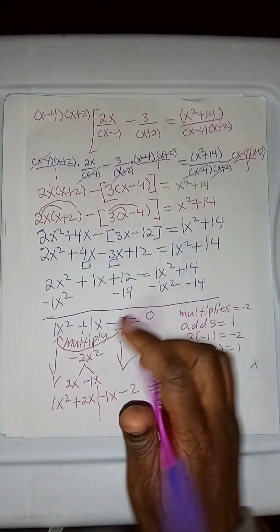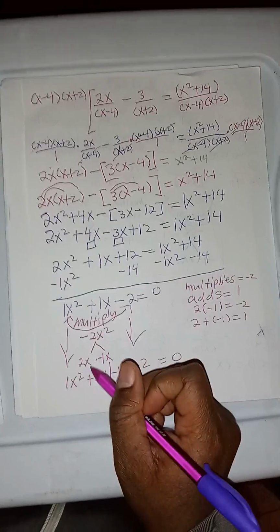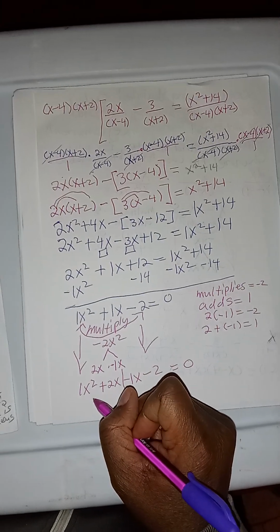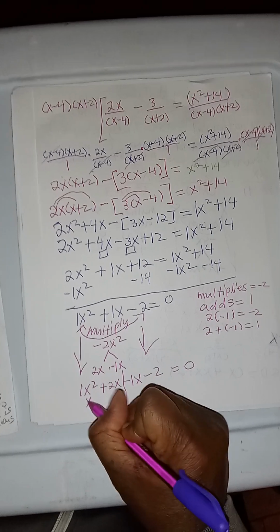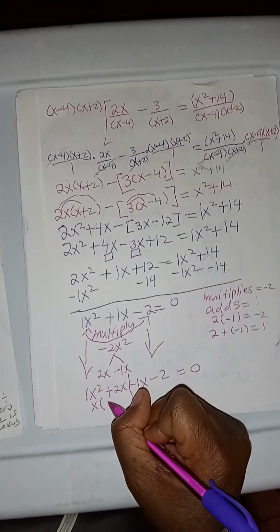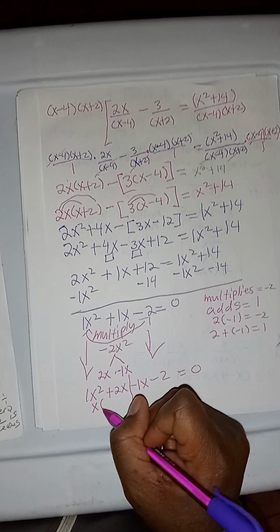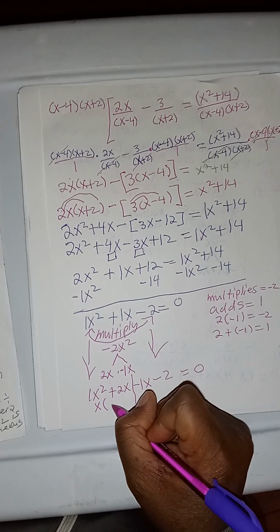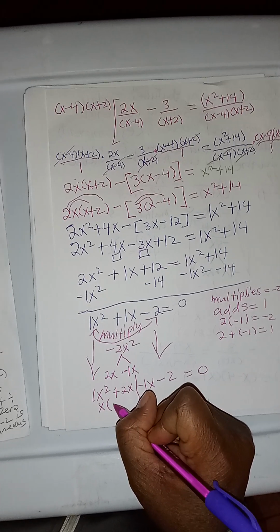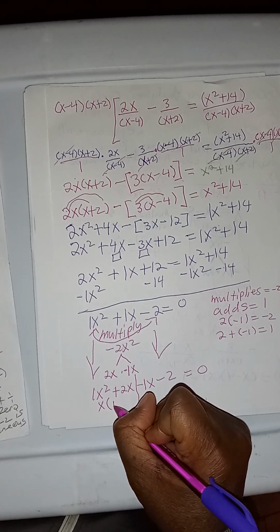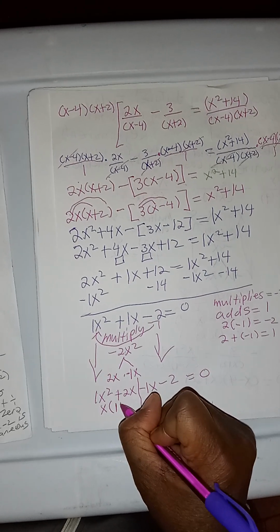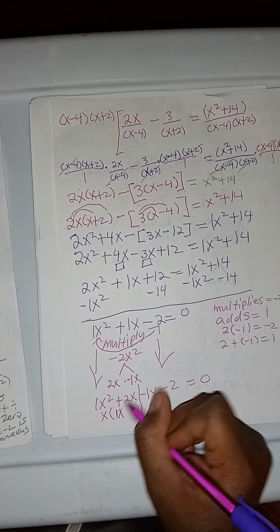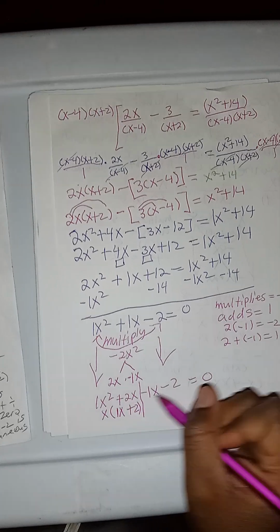Split it in half. Here, they have an x in common, so we pull an x out, and then we're left with 1x, or you could say x, but I prefer to say 1x, and then plus 2.